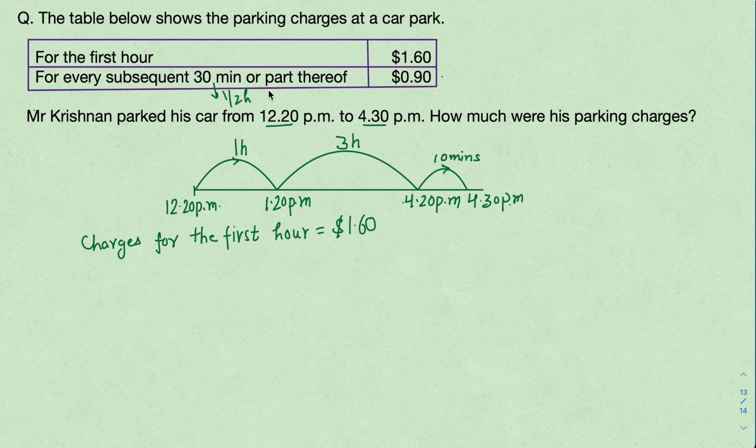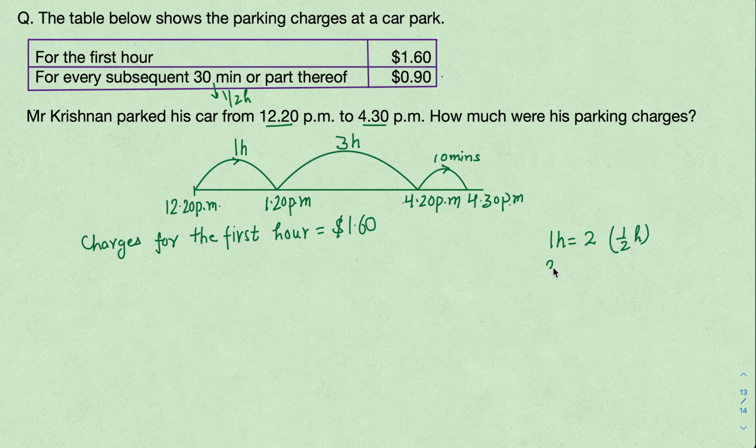Here in the table the charges are given in terms of half an hour, every half an hour or part thereof. So we need to find out how many half hours there are in 3 hours. That's the first job. We know that in 1 hour there are 2 half hours.